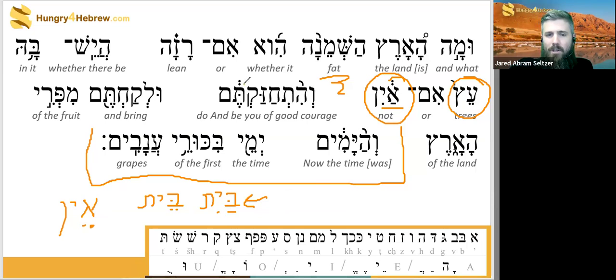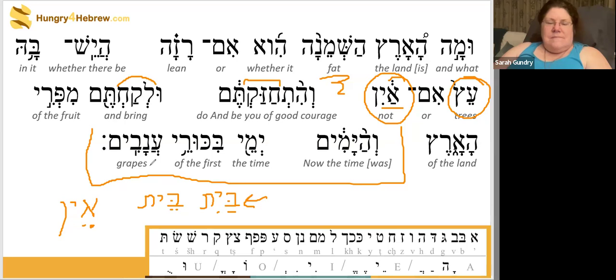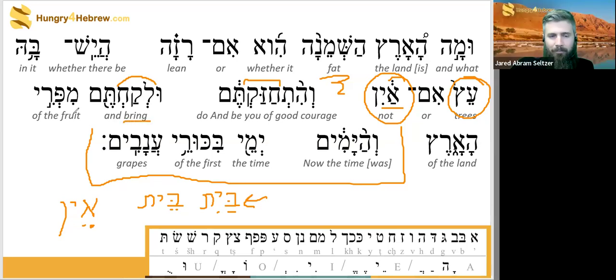All right, now we're going to chazak ourselves or yourselves. Strengthen yourselves, which they translate as be you of good courage. Okay. Ulakachtem mipri haaretz. Lakach, and you shall take. The idea being take it and bring it to us. So they translate it as bring.